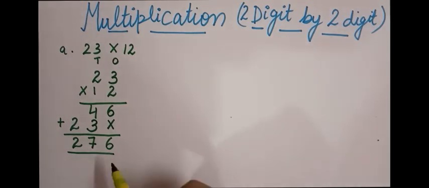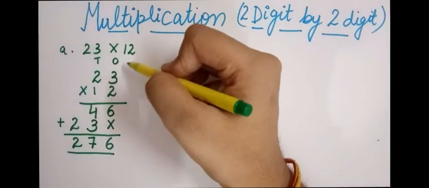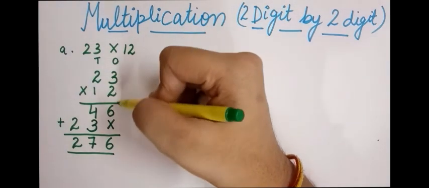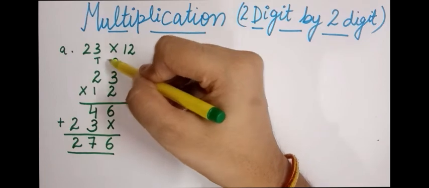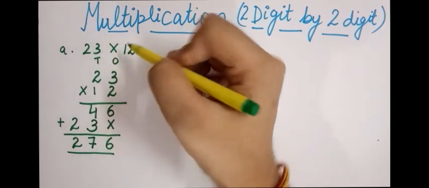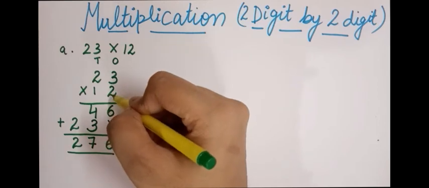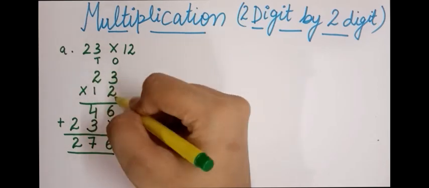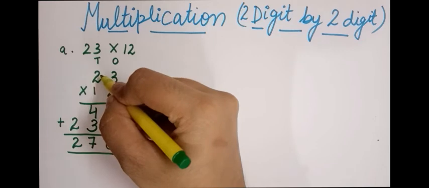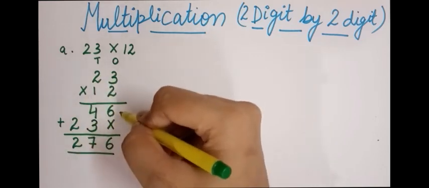So again let's revise the steps. First we arranged the numbers according to their columns, and after that we wrote the places above them. Then I multiplied 23 by this 2, first by 3 and then by 2, and the answer is in this row.